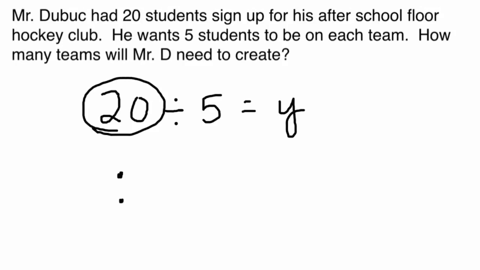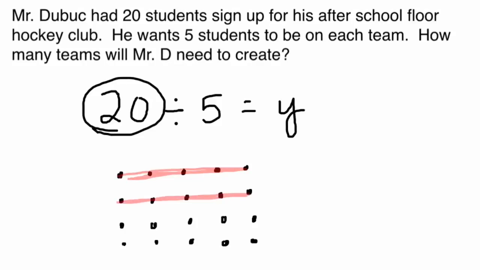So I'll do an array the same way I did it before. Make sure it's like a 5 by 4. Keep it easy. All right. And I'll highlight this one so you'll see it. I just have to highlight 5 students at a time, and so I can come up with my equal groups. So I know here I'd have 1 team right here, 2 teams right here, 3 teams, and 4 teams.